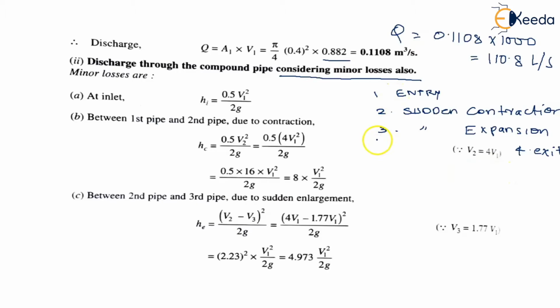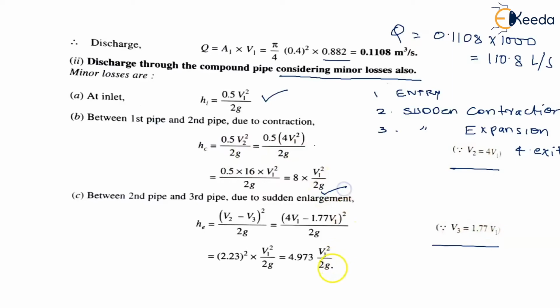The formula for minor loss due to entry is 0.5 V1 square upon 2g. For sudden contraction it is 0.5 V2 square upon 2g. For expansion it is V2 minus V3 the whole square upon 2g. We also have the relation V2 is equal to 4V1 and V3 is equal to 1.77 V1. After substituting these values, we get the following answers.